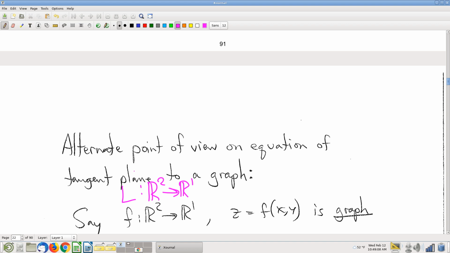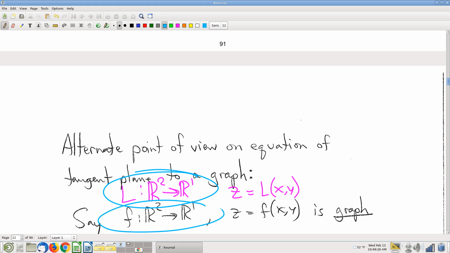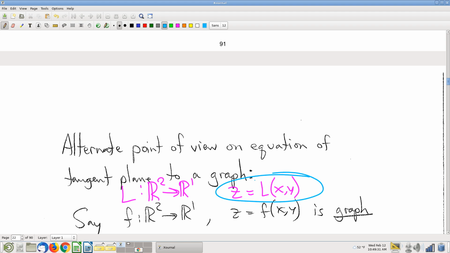And then we look at the graph of the linear approximation, L. And we made the argument that because this function approximates that function, it stands to reason we should expect this graph to be tangent to that graph. And this, of course, is the equation of a plane, and we call this, therefore, the tangent plane. And more details, of course, on that back when we were doing partial derivatives.